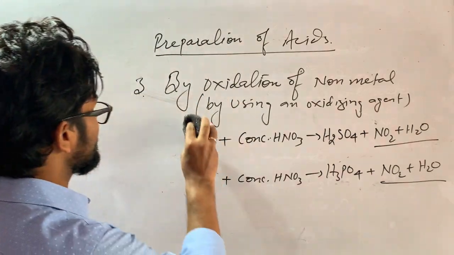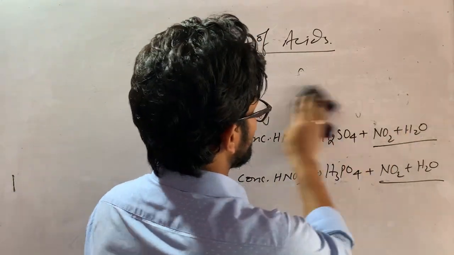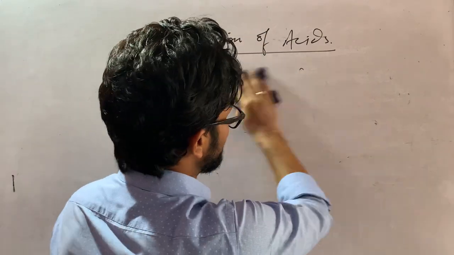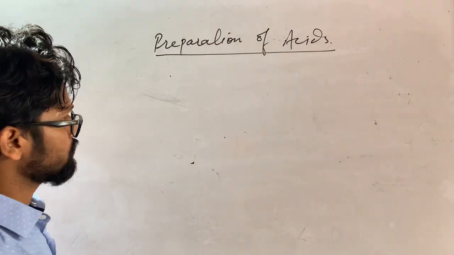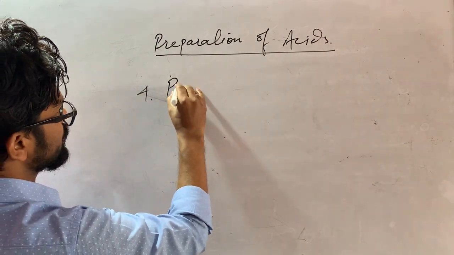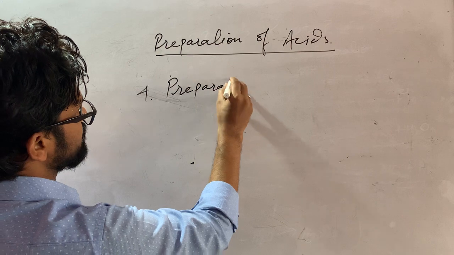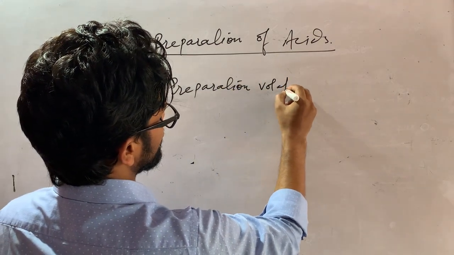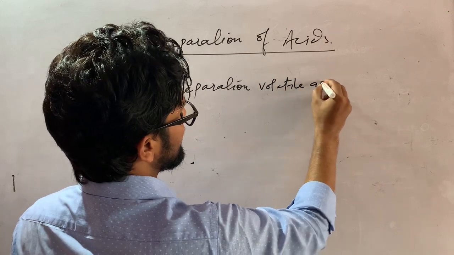Now we are moving to the next method of preparation of acid, and that method is preparation of volatile acid.